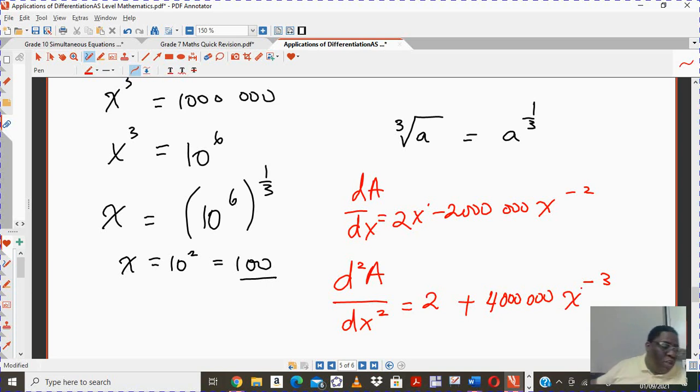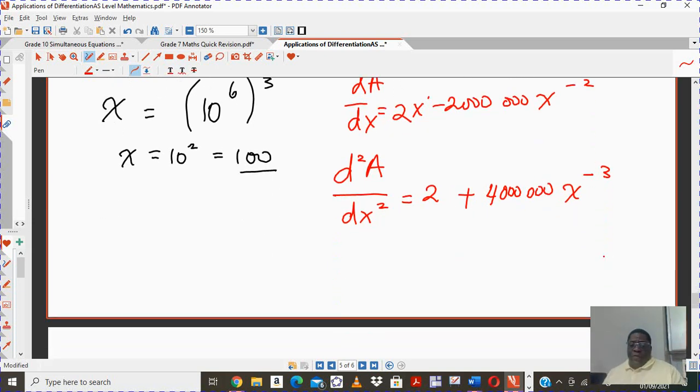I hope you are with me so far, and I hope that you are making sure that you don't get confused. I'll suggest that maybe you go back and play around with this and see what you get. Well, of course, I'm going to substitute 100 in there, but let me just write this as 2 plus 4 million over x raised to the power of 3.